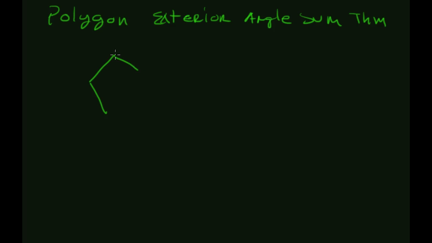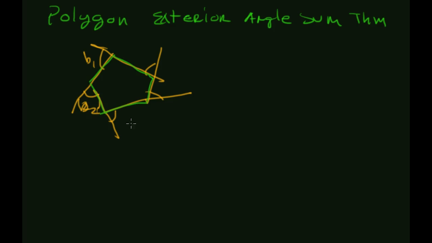It says that if I have a polygon and I extend each of the sides only once, so I extend this one way, extend that one way, extend that one way, and I take that angle, that angle, that angle, that angle, and that angle. So let's call that B1, B2, B3, out to BK.